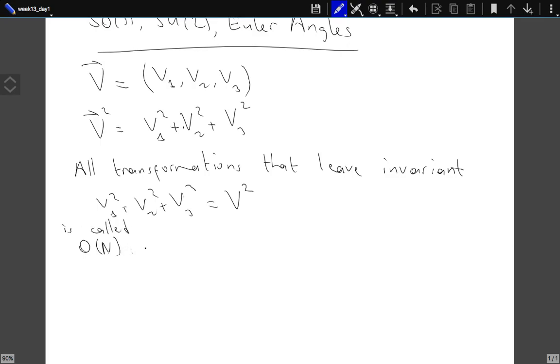It's called the orthogonal group, O3 in this case.